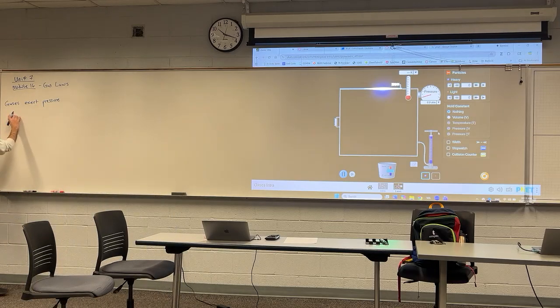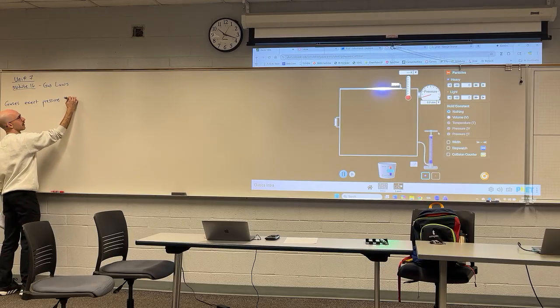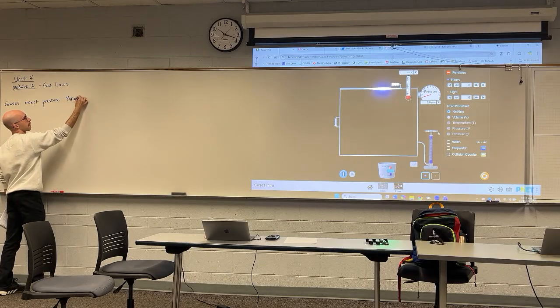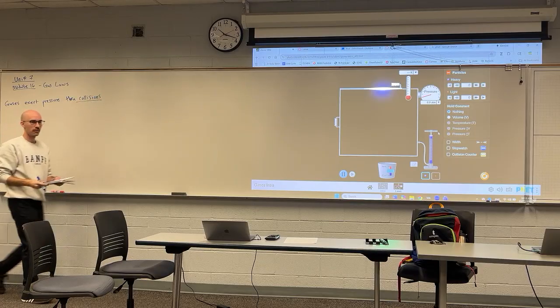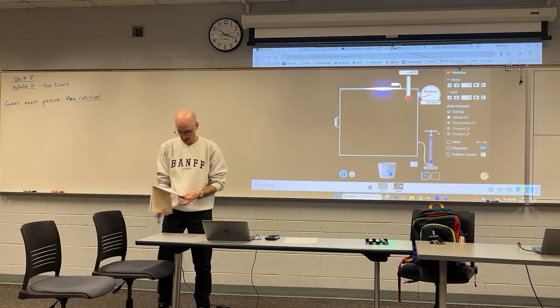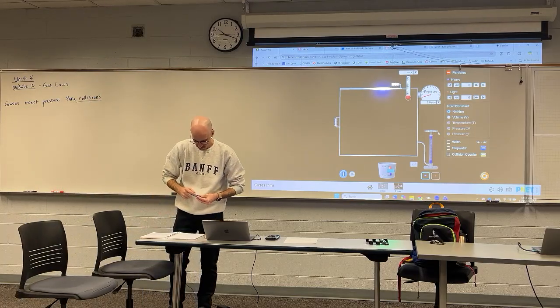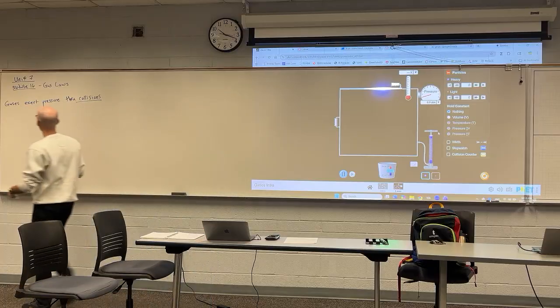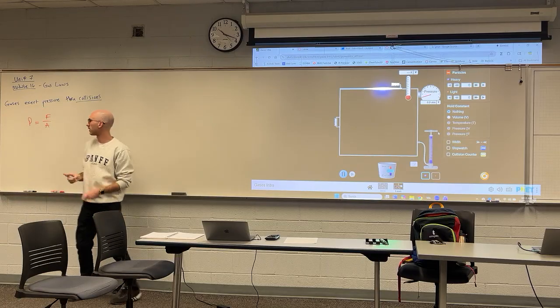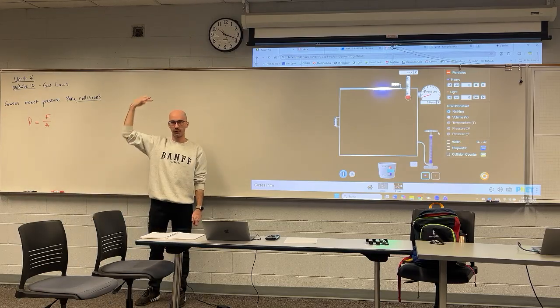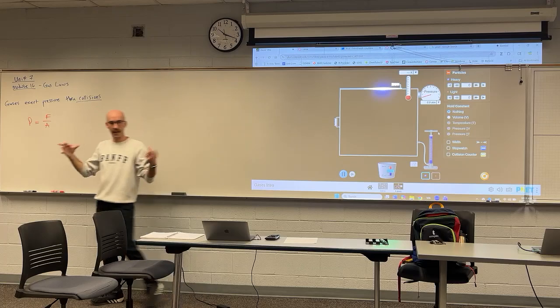So gases exert pressure through their collisions. When they run into something, they exert a pressure. So pressure here is equal to the force divided by the area.